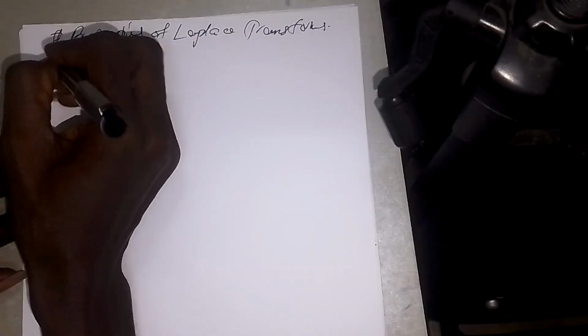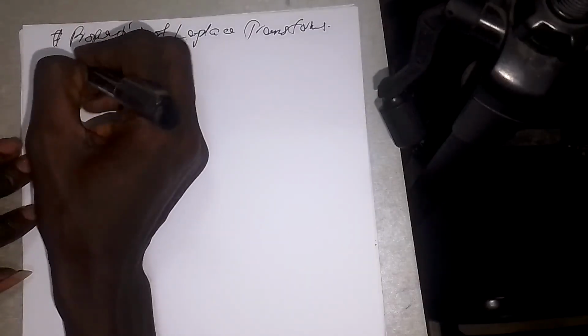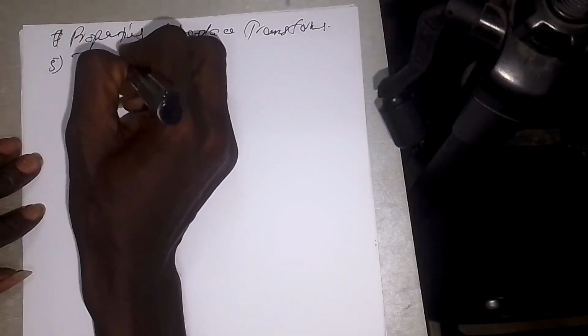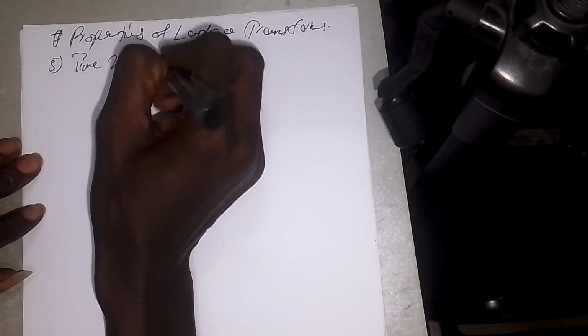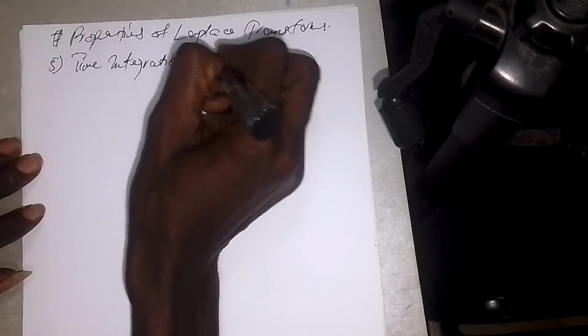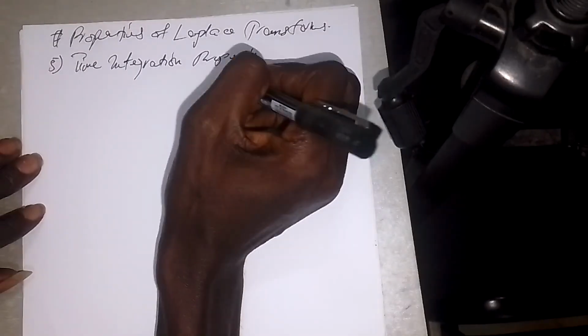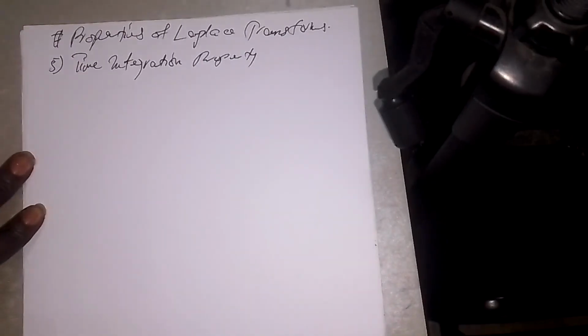Let's start with property number 5, which is called the time integration property. We're going to prove this particular property.